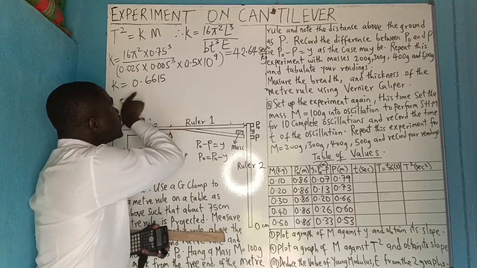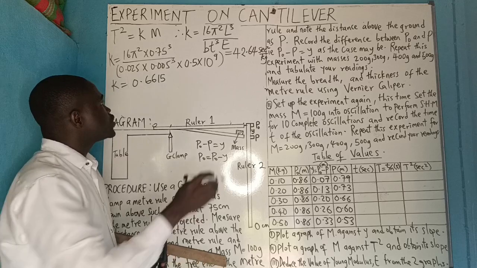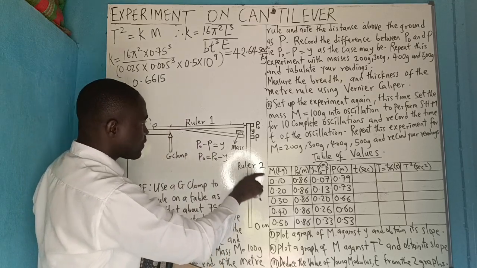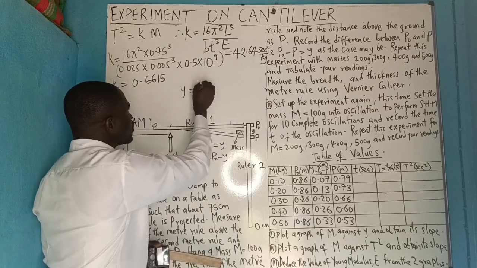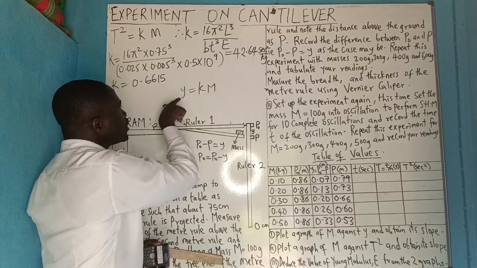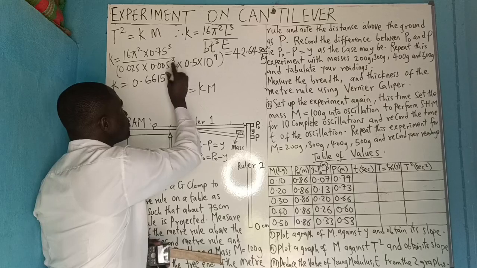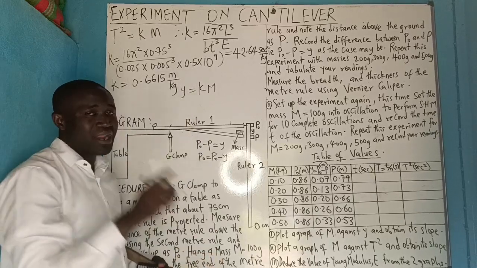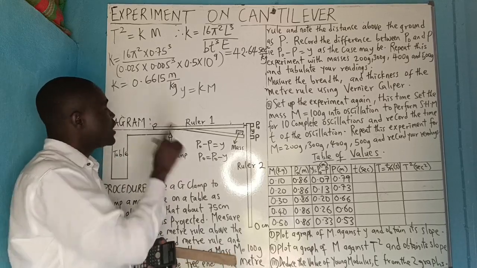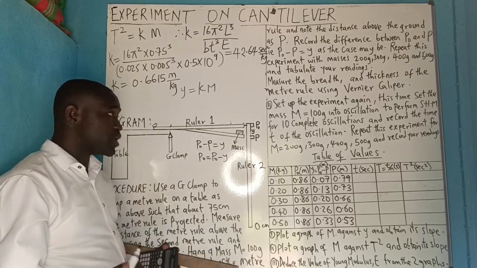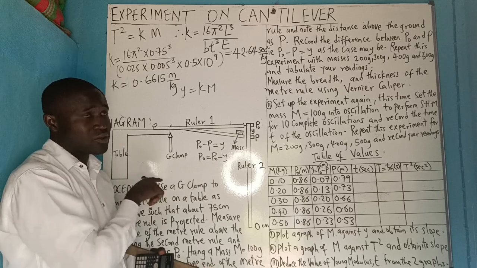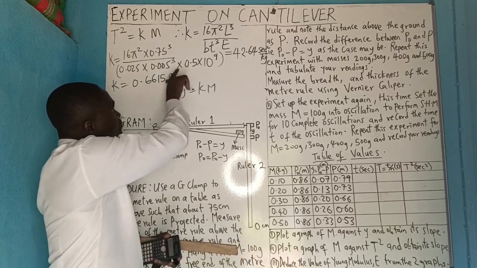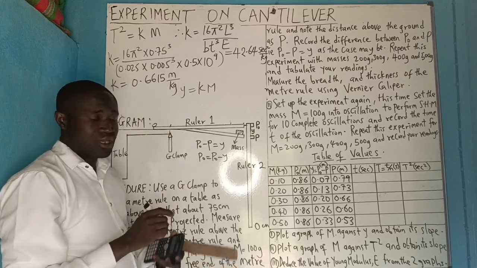Please, the unit of that first one, because we are talking about Y equals K M, the unit of that first one is meter per kg. Please, very important that you take note of units. I forgot it. Please don't make that mistake I just made now. Don't forget to include your unit. Your K is 0.6615 meter per kg.